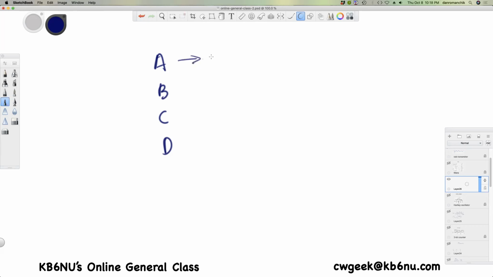So A, it's 100%, or 360 degrees. This is 180 degrees. This may be a little bit more than 180 degrees. And this is a lot less than 180 degrees.